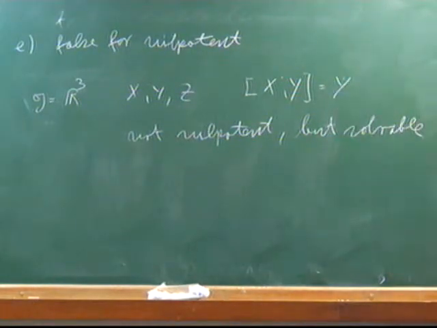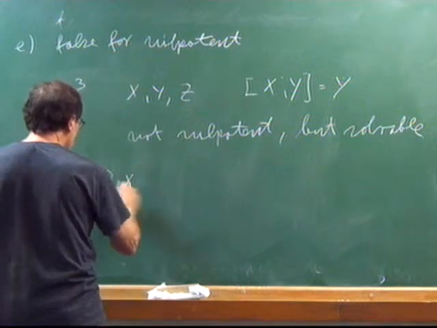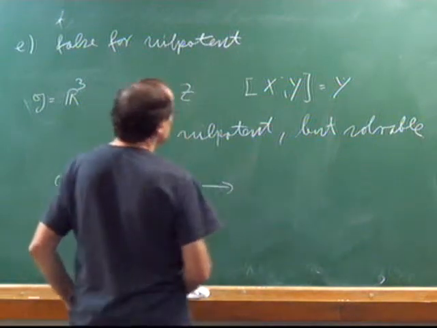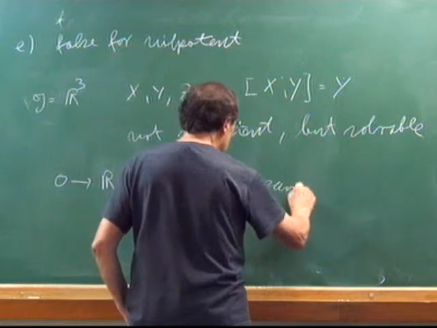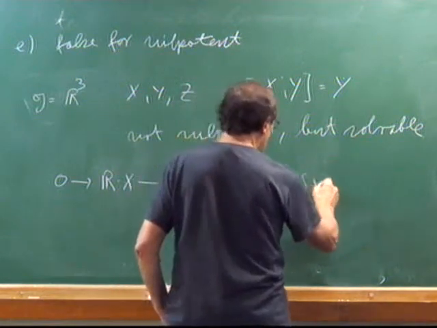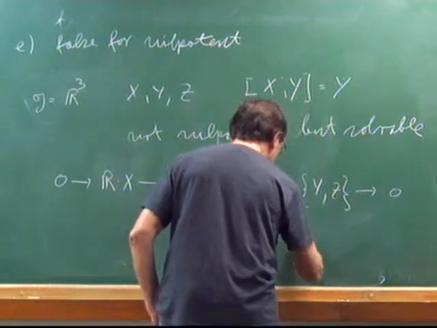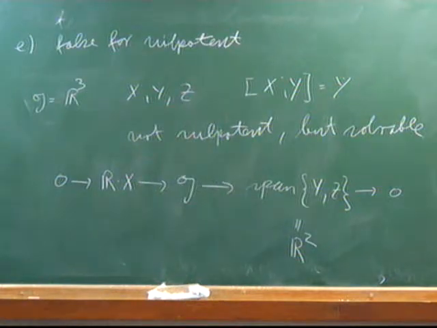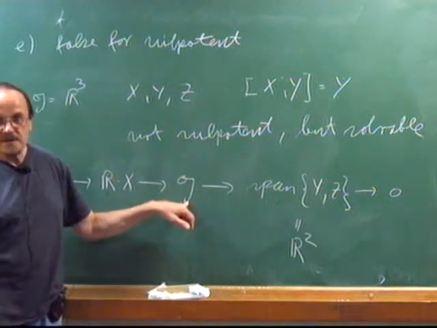So 2-step solvable. And now I can just say the following. Take the exact sequence R times x goes to g, goes to the span of y and z, which is simply R^2, and y and z commute, so it's a trivial algebra. And this, of course, is a trivial algebra. So this and this are abelian, therefore nilpotent, but this is solvable.